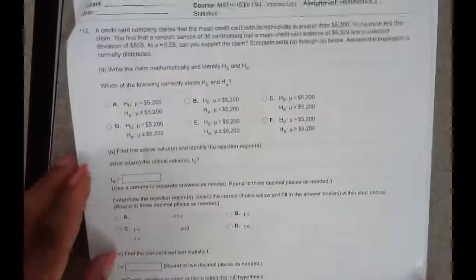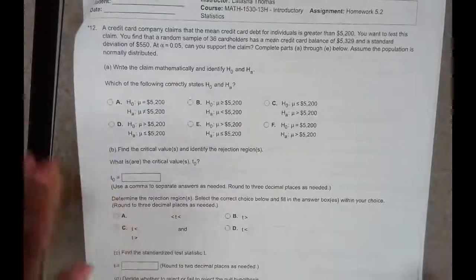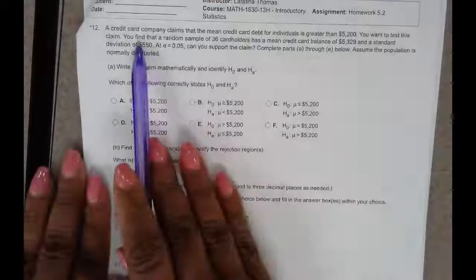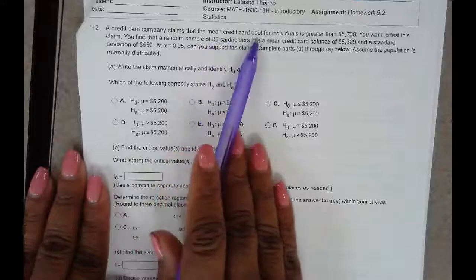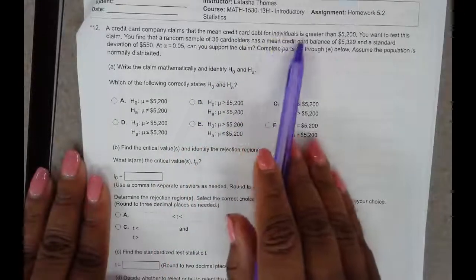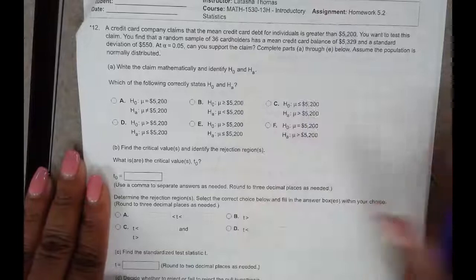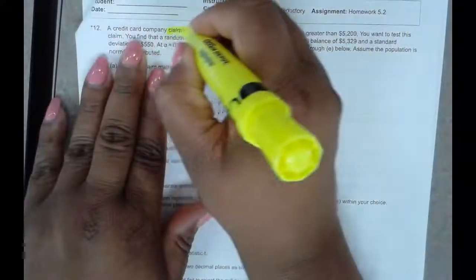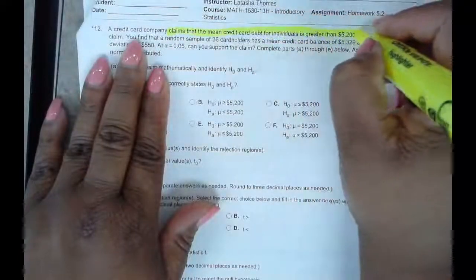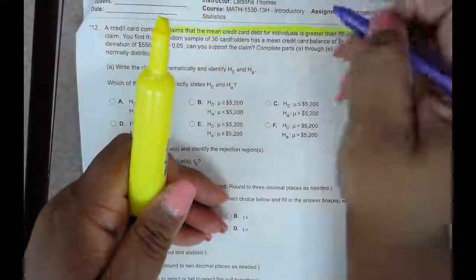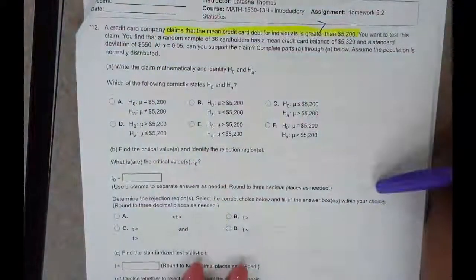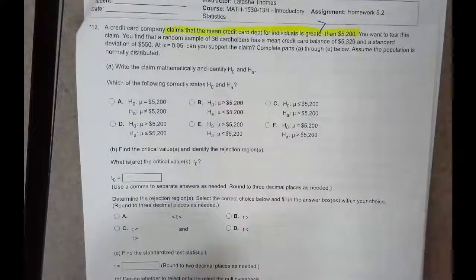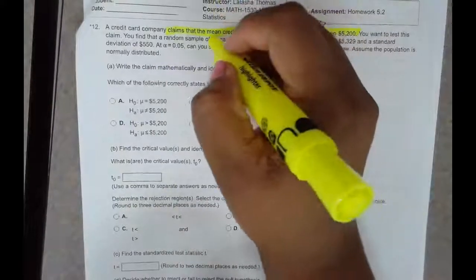Okay, similar problem. Here, a credit card company claims that the mean credit card debt for individuals is greater than $5,200. That's the claim. Greater than. You want to test this claim. You find a random sample of 36 card holders.